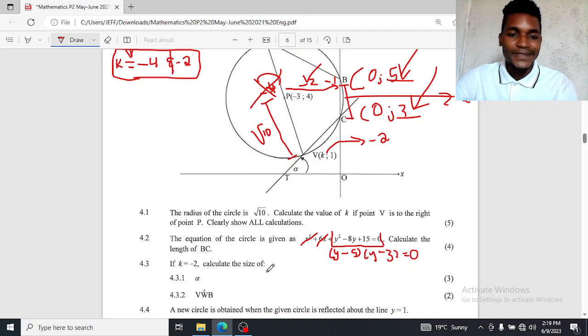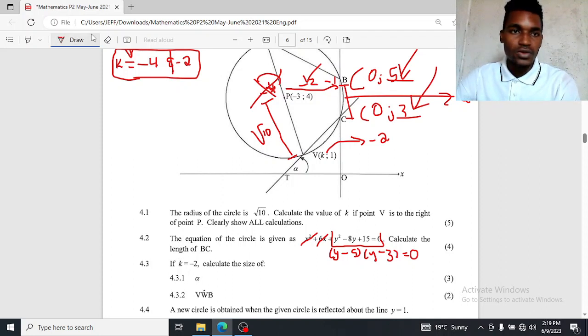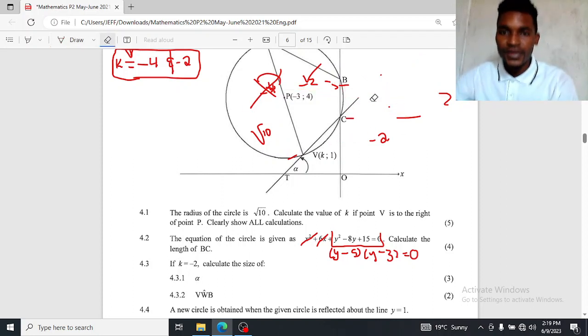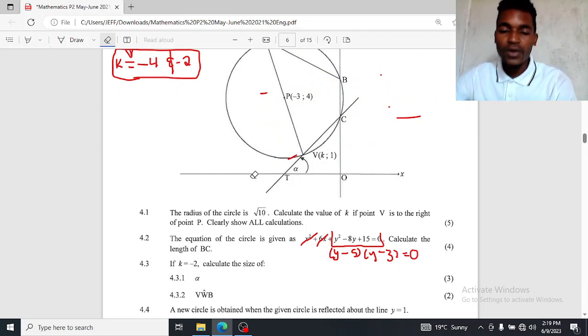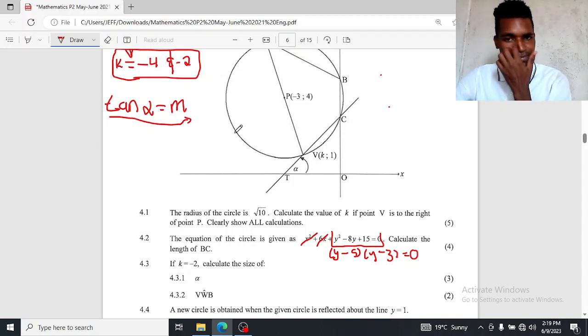We go to 4.3, which is the last question. If K is negative 2, which is what we found when we calculated, what is alpha? We know that tan alpha is equal to the gradient of that line.